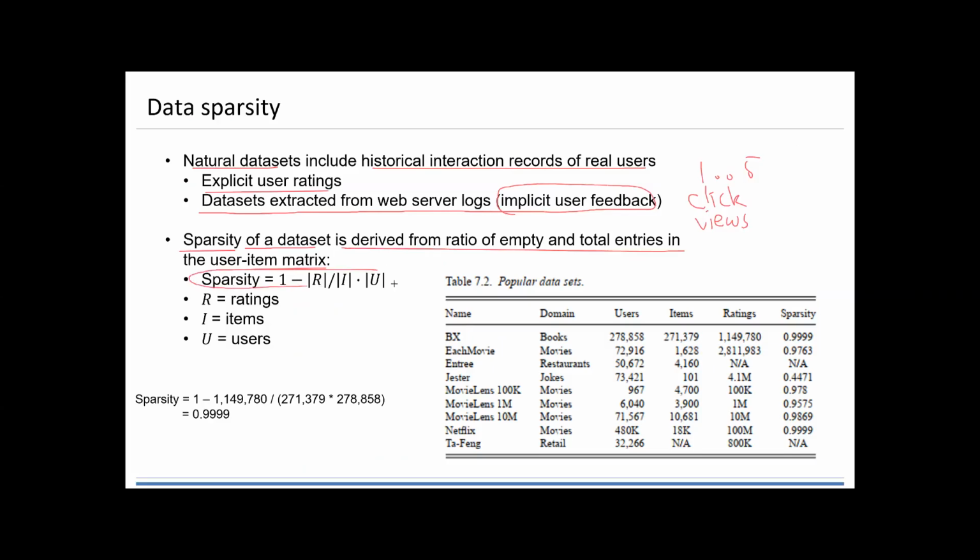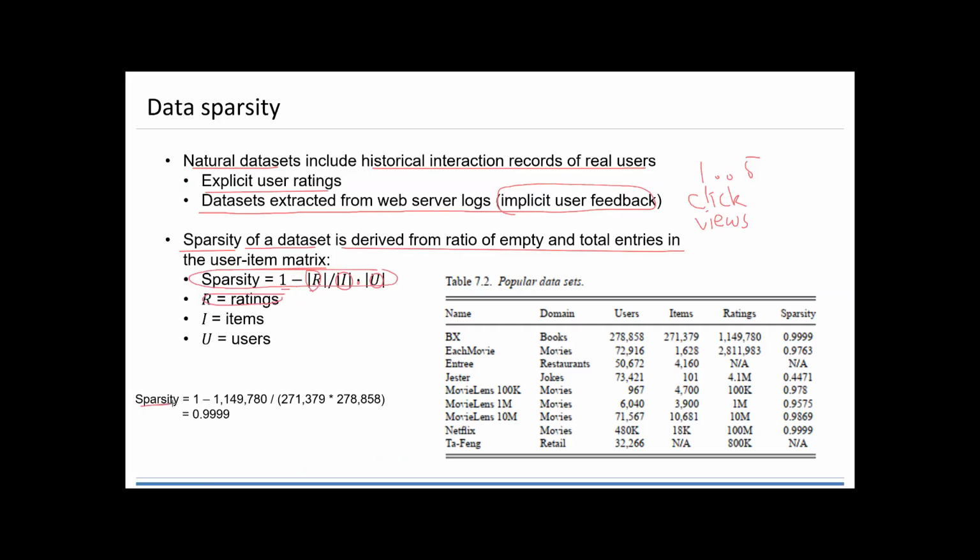Sparsity is 1 minus R, the number of ratings given, divided by I, the number of items, multiplied, or it is the product of, users. Okay, so I can say something like this.